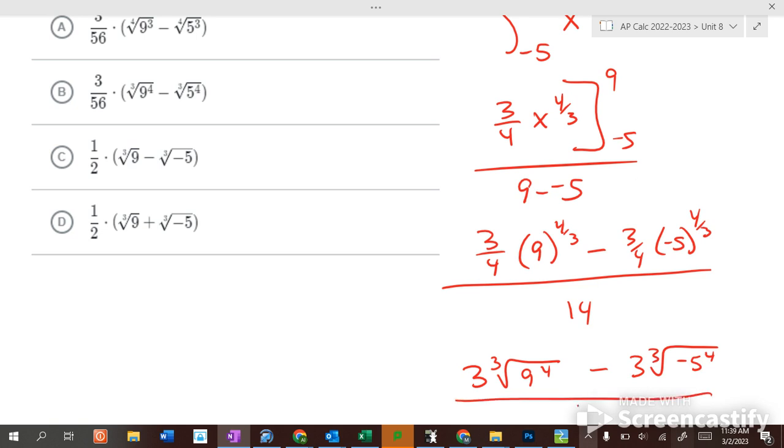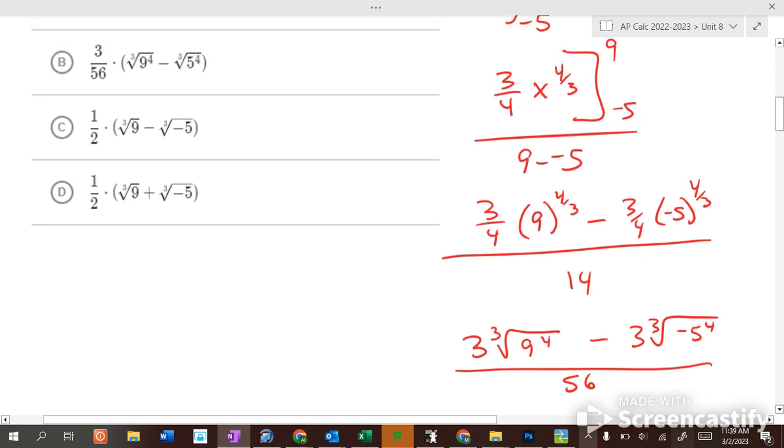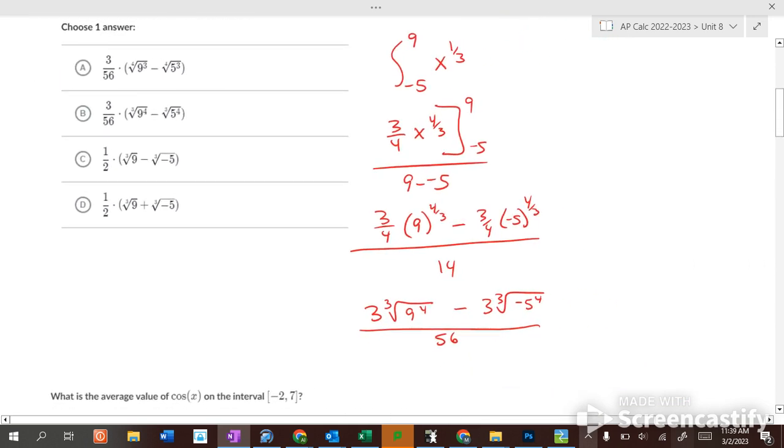And then if we move the 4 to the bottom, we get 56 on the bottom. So, and then factor out the 3. 3 over 56. So this looks like it would work because -5 to the 4th power is the same as +5 to the 4th.